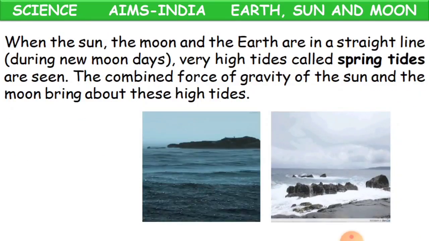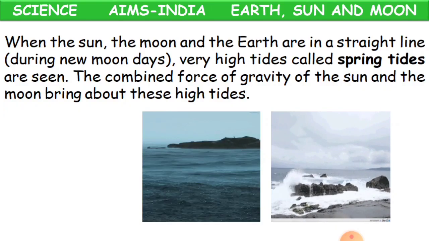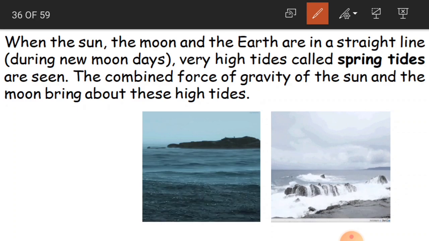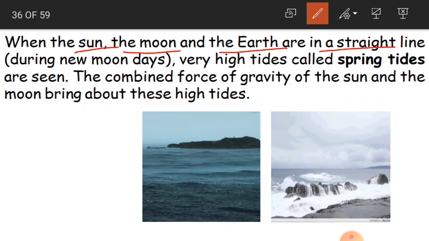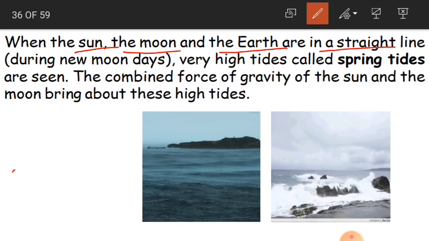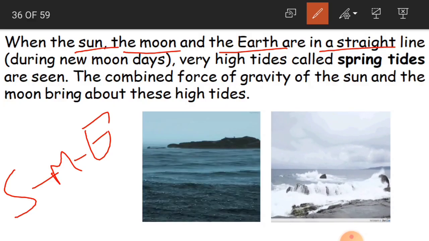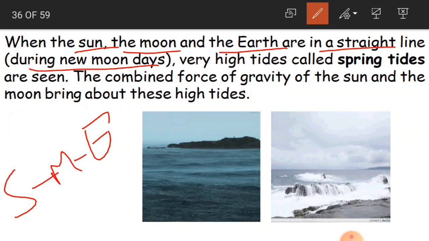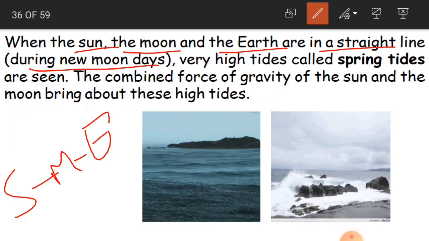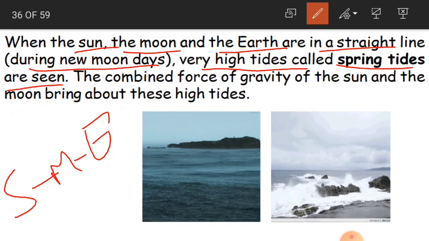Clear children? Now, when the sun, the moon and the earth, these three celestial objects, are in a straight line, especially during new moon days, very high tides called spring tides are seen.